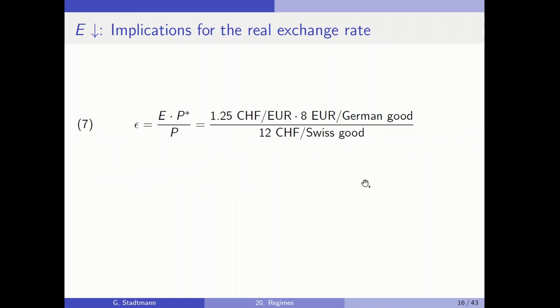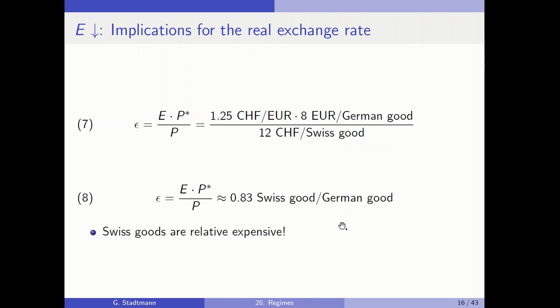Let's once more have a look at the implications for the real exchange rate. The formula for the real exchange rate is once more given here. Now the nominal exchange rate decreased to the level of 125 Swiss francs per euro, times the price of the German good divided by the price of the Swiss good.